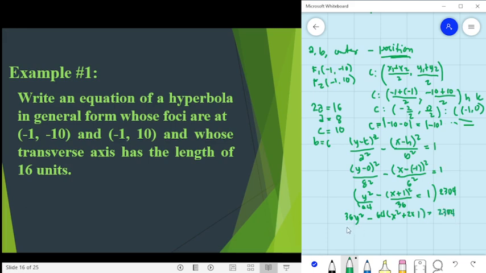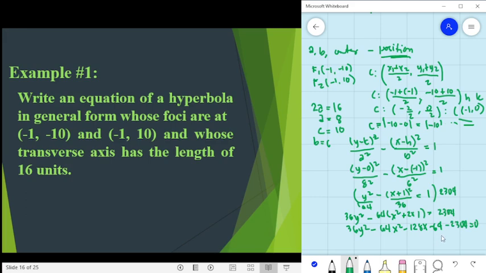Okay, simplifying further, we now have 36y squared minus 64 times x squared is negative 64x squared. Negative 64 times 2x is negative 128x. And negative 64 times 1 is negative 64 minus 2,304 equals 0.